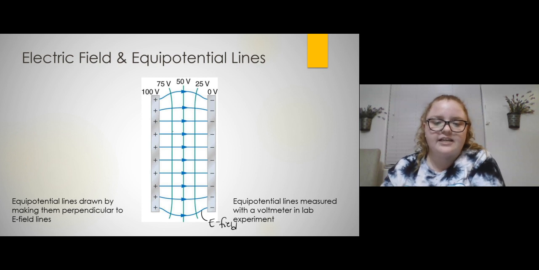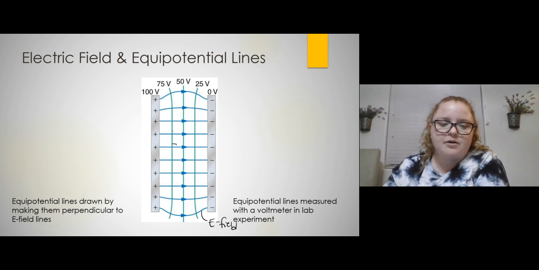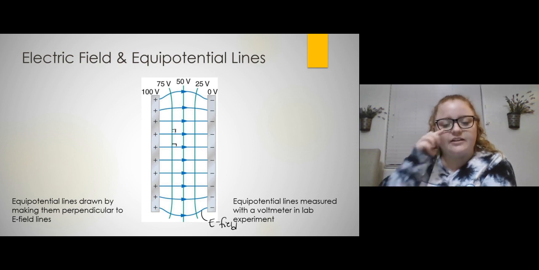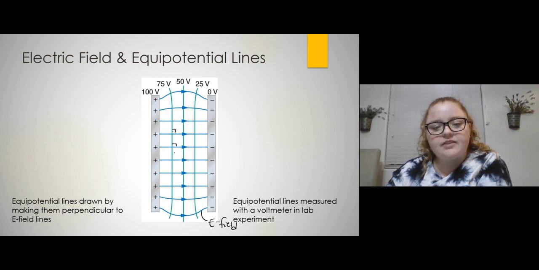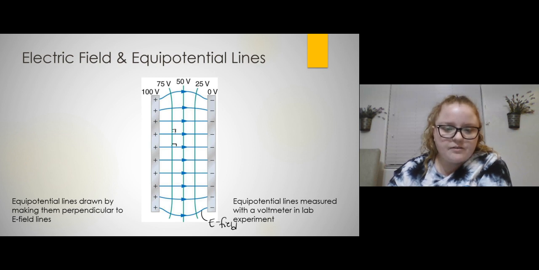You can see pretty clearly here that they are perpendicular to each other. And you can follow this and it'll show with a voltmeter that this is all 75 volts and this is 50 volts and so forth.